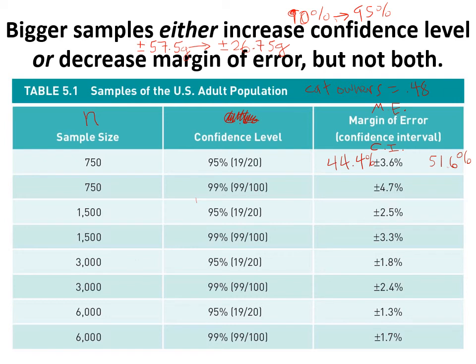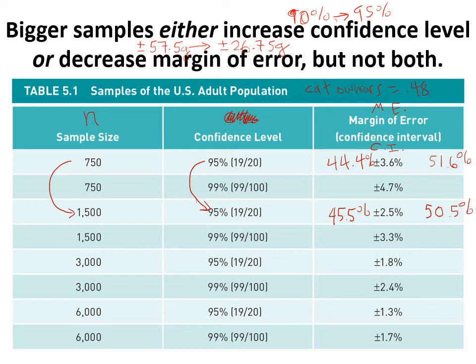So if we double that sample size, but keep our confidence level the same, we see that we are still 95% confident that our estimate of cat owners is 0.48, but now it is 0.48 minus 2.5, which should give us, I believe, 45.5%, and 50.5%, right?